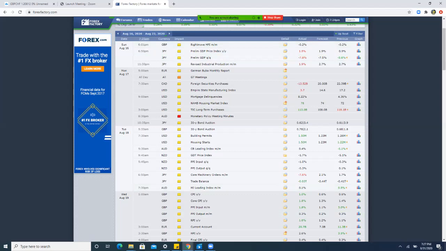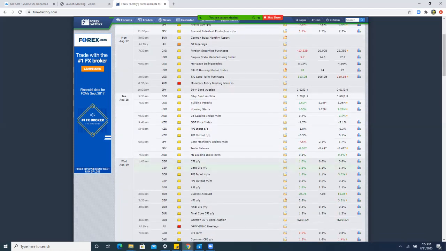So, for example, if we use this core CPI year over year for the British pound, you'll see that the forecast was 1.3, but what actually happened was 1.8. So basically, the report was better than expected by a decent amount.